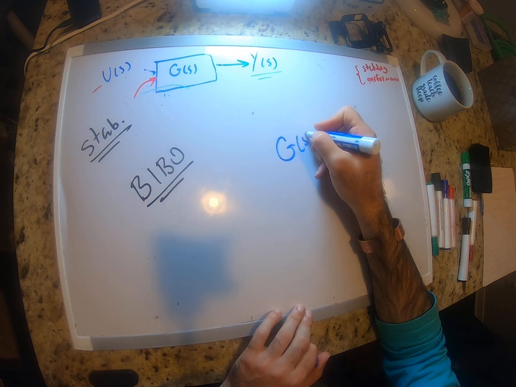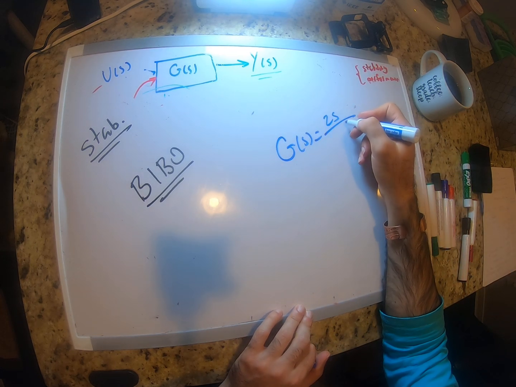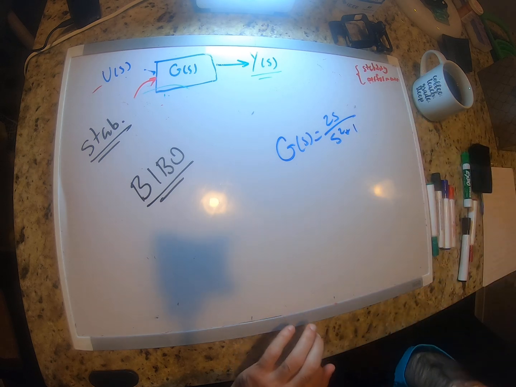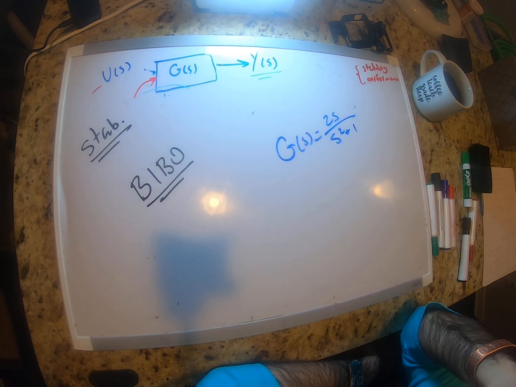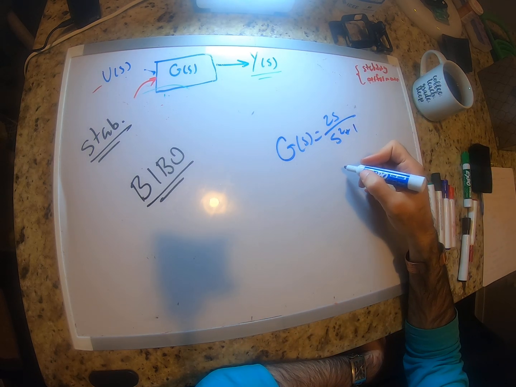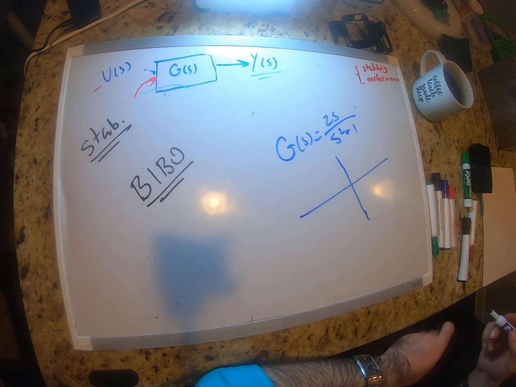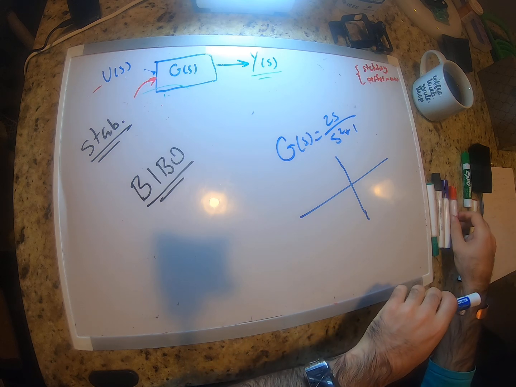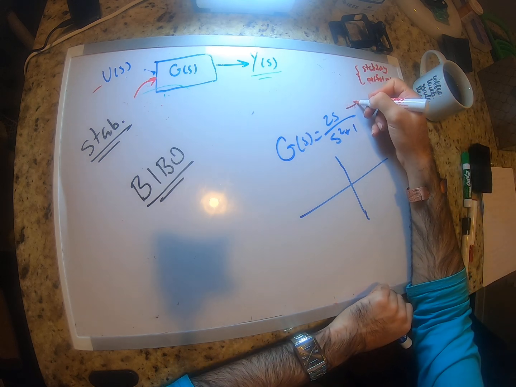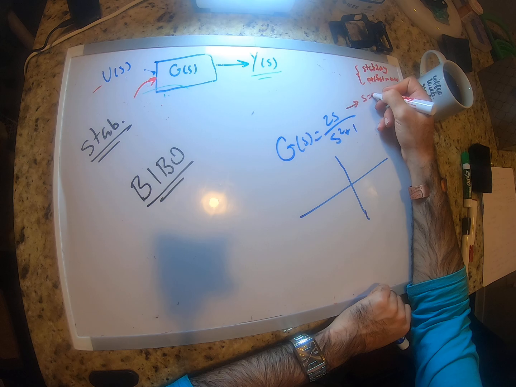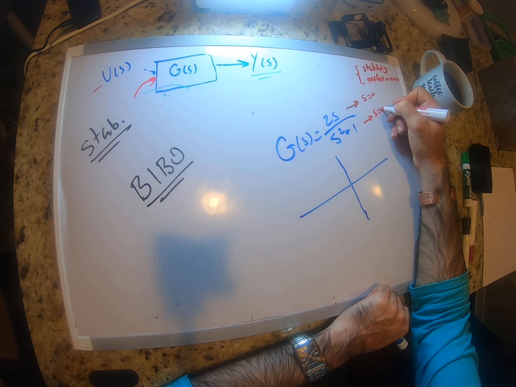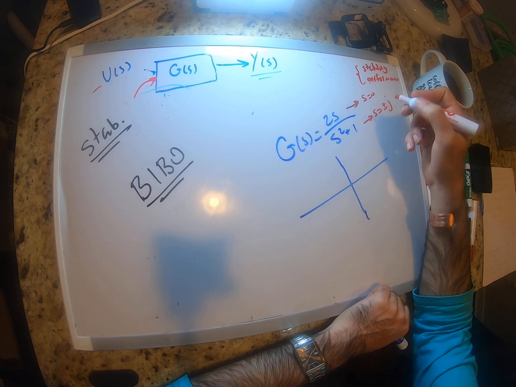G of s is equal to 2s divided by s squared plus 1. Usually we show the poles. What are the zeros of the system? s equal to 0. What are the poles? s equal to plus minus j, or plus minus i.